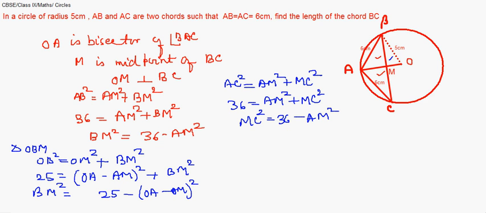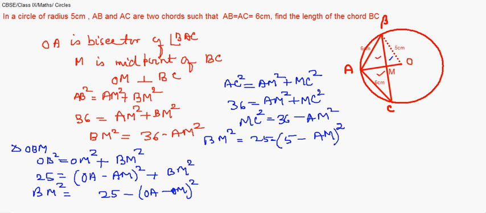I just continue it here. So BM square is equal to 25 minus, what is OA given? OA is the radius, so that is 5, minus, let AM be as it is, and then whole square.